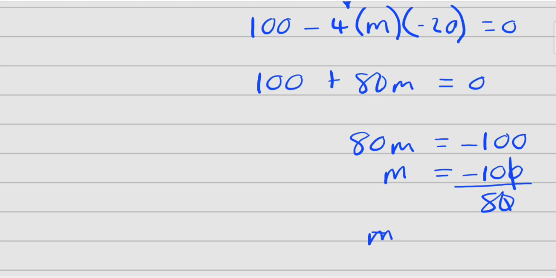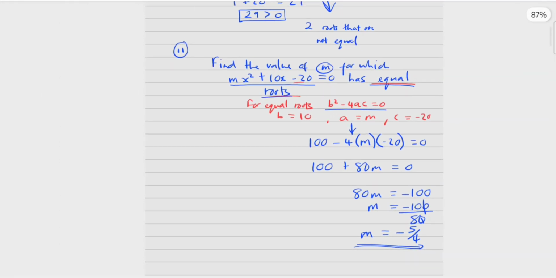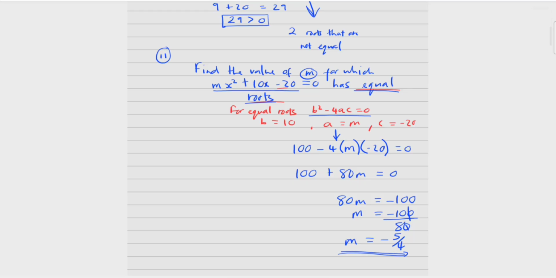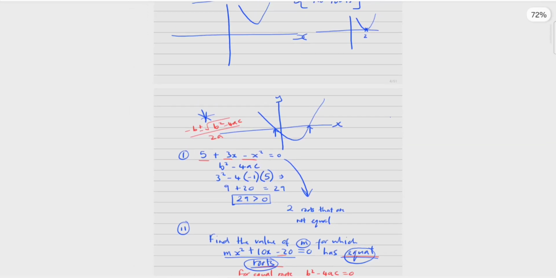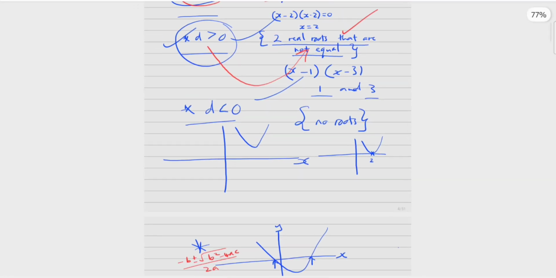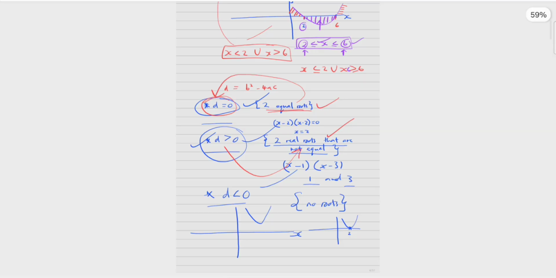And this will give us m to be minus 5 over 4, right? And that will be the value of m, right? So just be on the lookout. They might give you phrases like these ones where you need to refer back to your understanding of discriminants and the nature of quadratic roots.